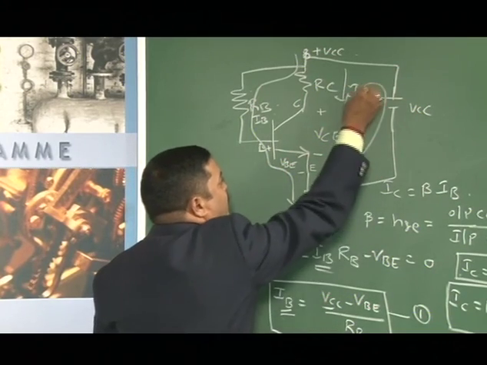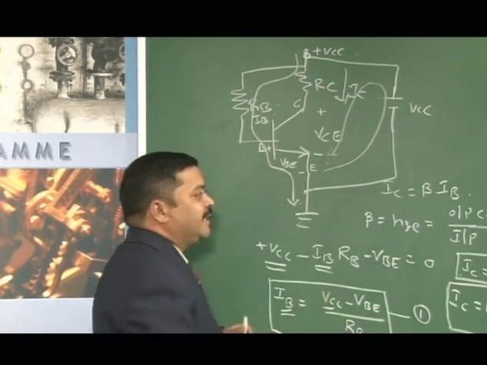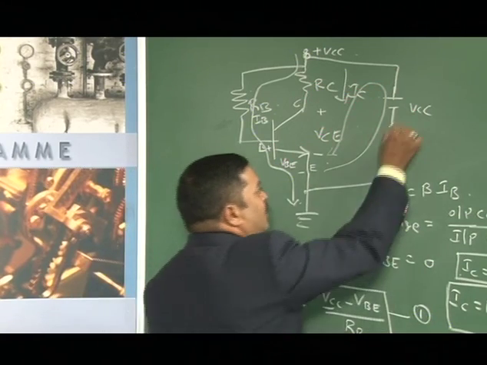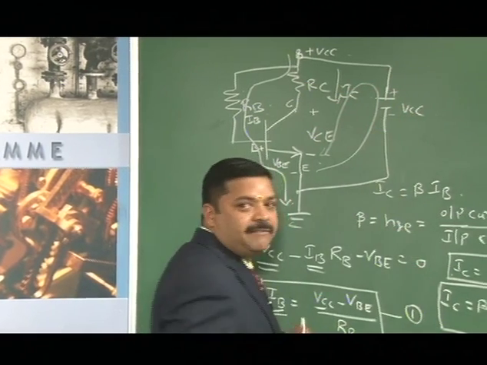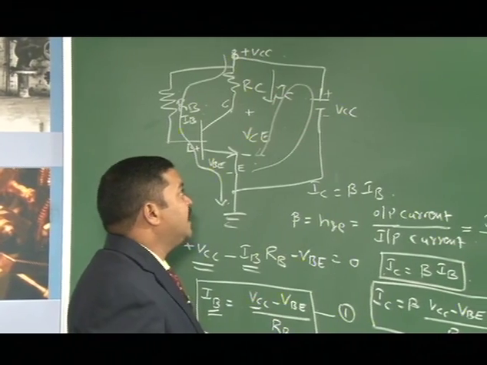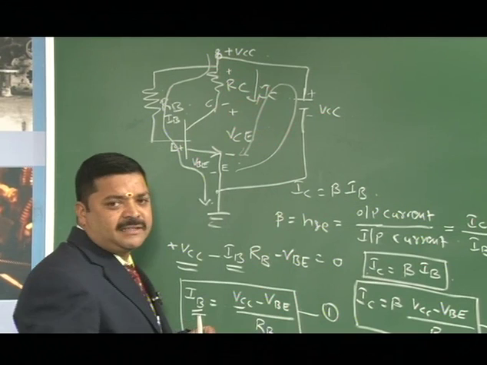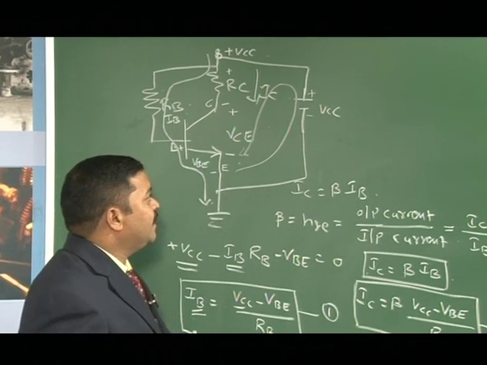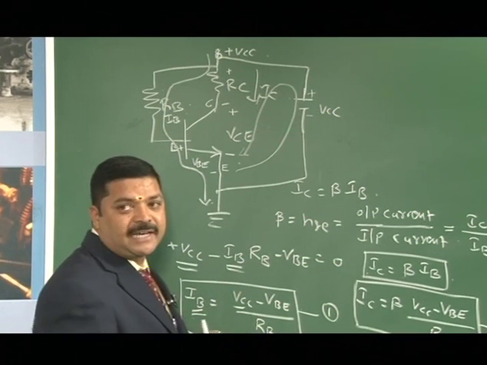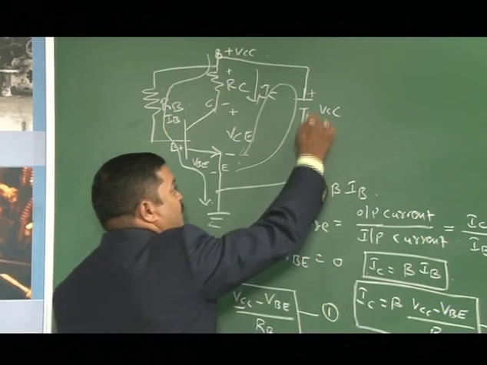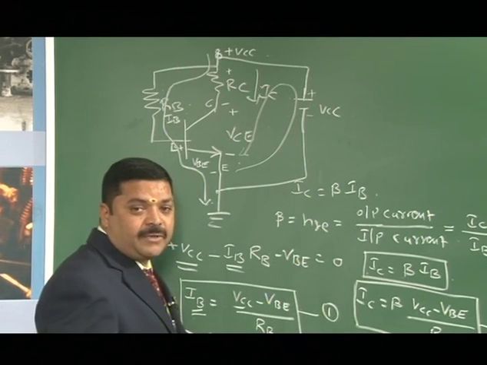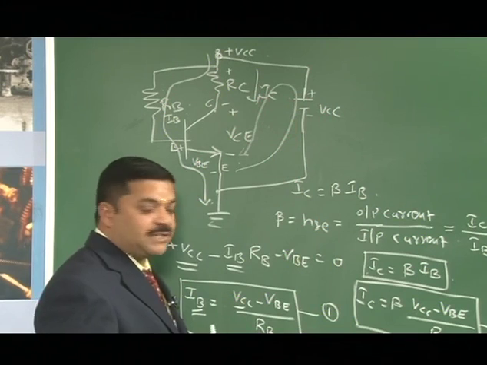Applying KVL to the output loop in this direction, minus to plus I will take as positive, and plus to minus I will take as negative. It is a conventional thing; even if you assume the reverse direction, you can take minus to plus as negative and plus to minus as positive.